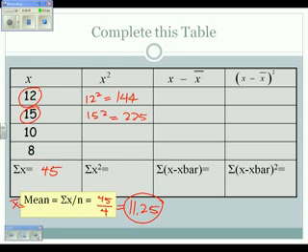And then 10 squared is 100. And 8 squared is 64. And then if we add, because this says the sum of x squared, we're going to add this column, 144, 225, 164 all together, that will give me 533.